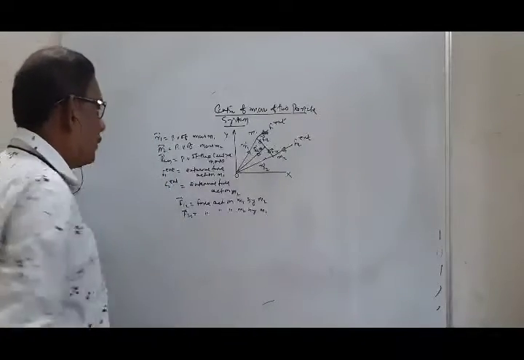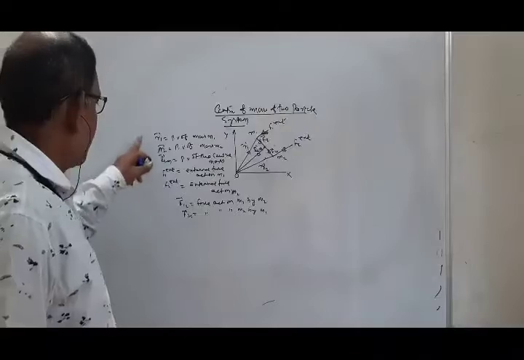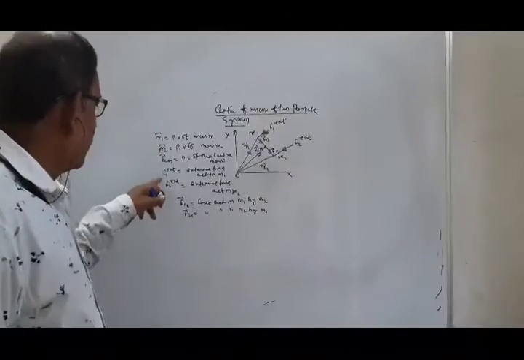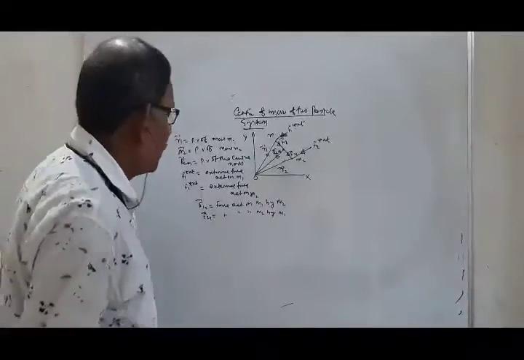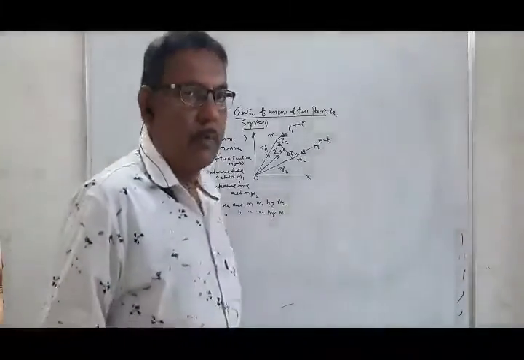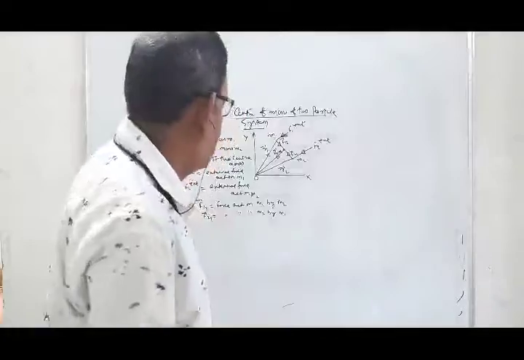So these are the parameters: the position vectors R1, R2, external forces and internal forces. And how do we determine the position vector of the center of mass?